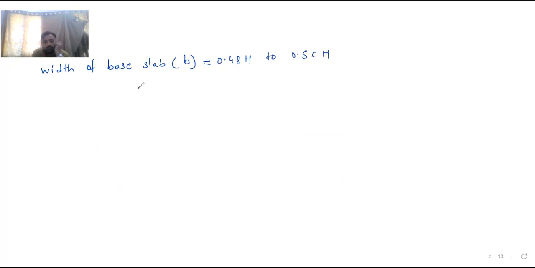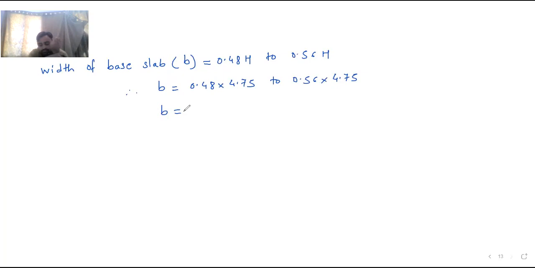To calculate both, therefore B is equal to 0.48 into h, which is 4.75, to 0.56 into h, which is 4.75. Let me know both the answers.